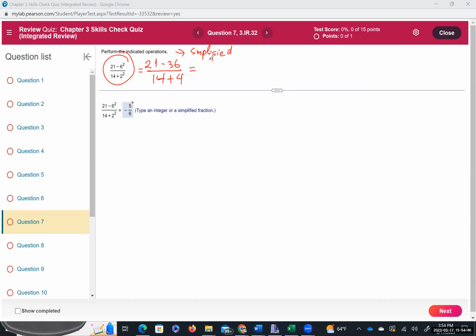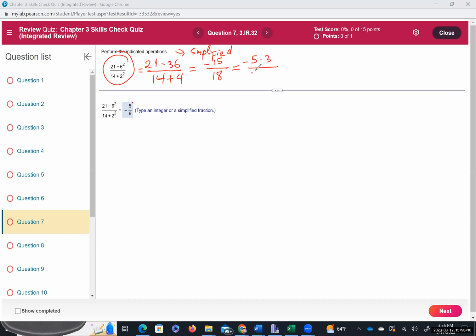The numerator 21 minus 36 is going to be negative 15, divided by 14 plus 4 is 18. Okay, so you know that negative 15 can be divided as negative 5 times 3.